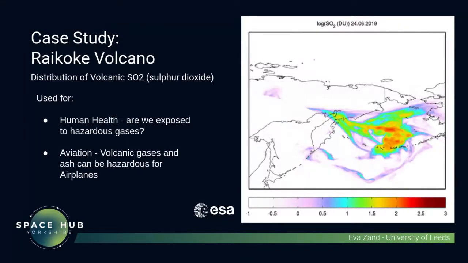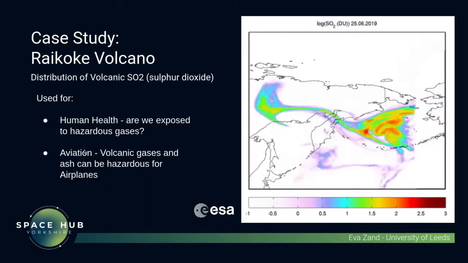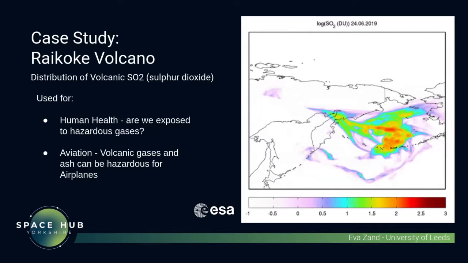So apart from the fact that it's important for human health, and we need to know whether we're exposed to any hazardous gases, it's also really crucial to aviation, as volcanic gases, but also ash, can be very hazardous for airplanes.